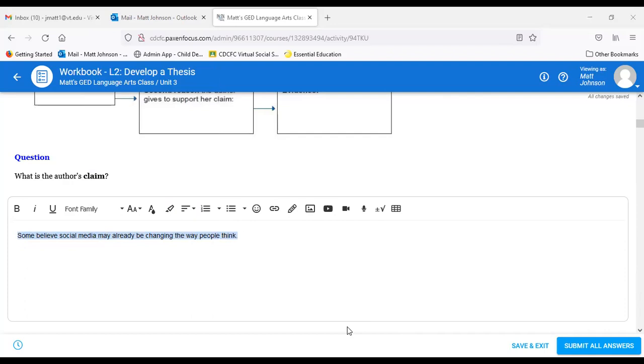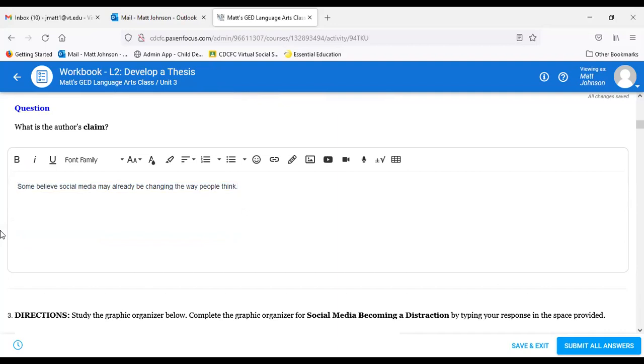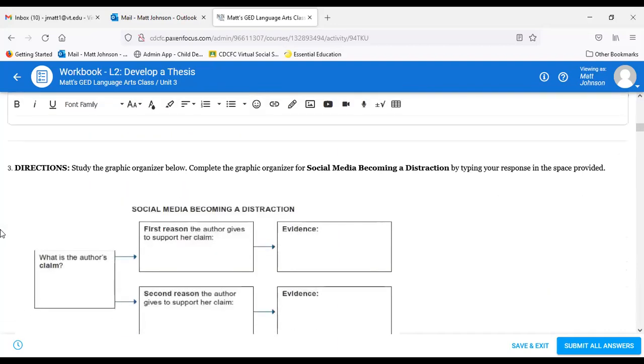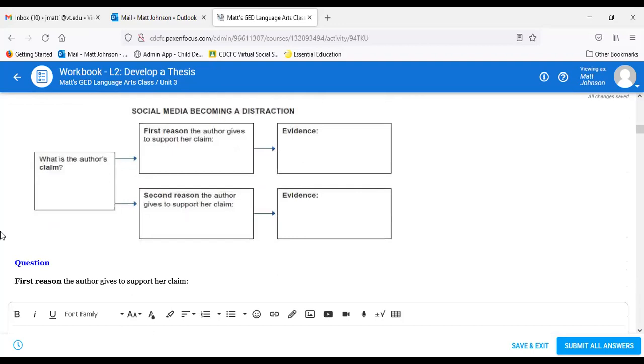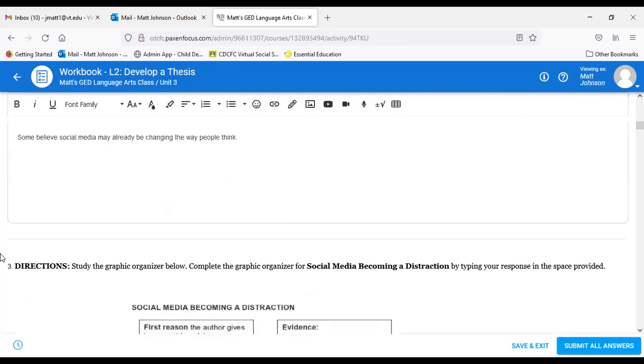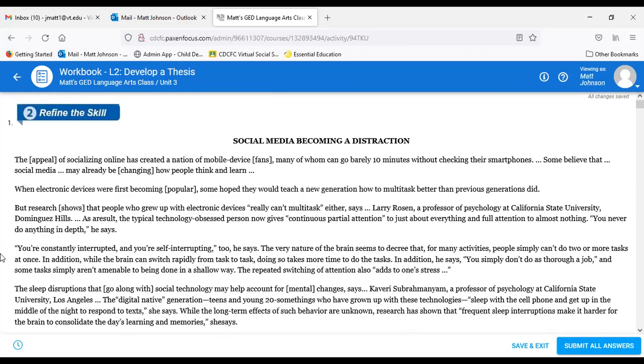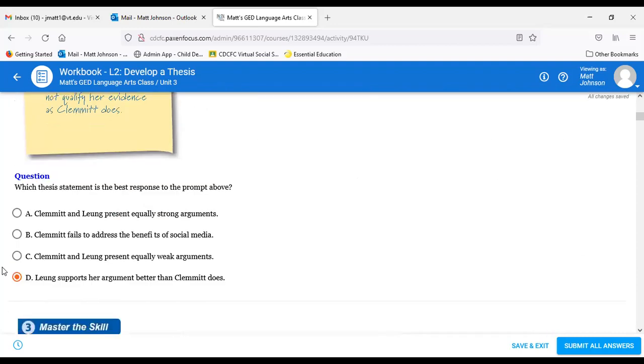That's it. And then what we'll do next, we're going to the first reason, right? So still thinking about Clement, okay? What is the first reason she gives? They cannot really multitask. That's it. Perfect, right?